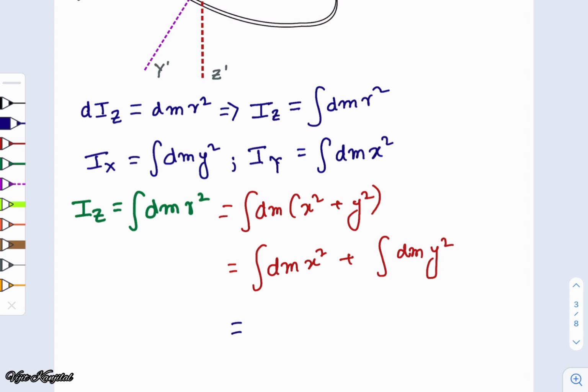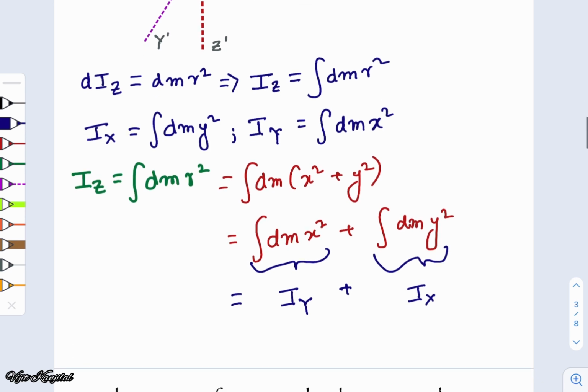Now, what is this integral of dm x square? This is nothing but Iy. Now, what is this integral of dm y square? This is nothing but Ix. So what do we get finally?